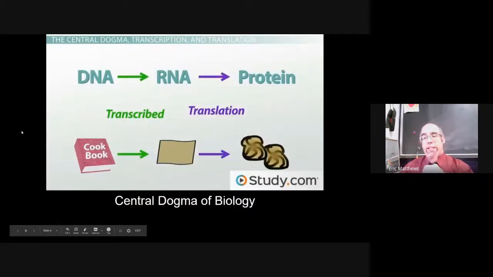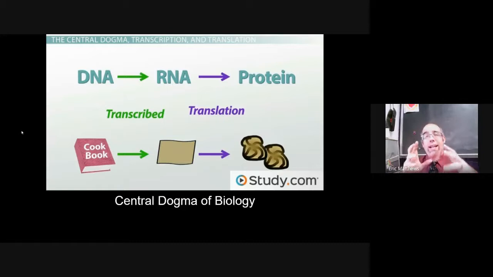Now, this is the central dogma of all biology. This is the core concept that everything else fits around. This is the glue that keeps it all together. And that statement is that our DNA makes our RNA. Our RNA makes our protein.